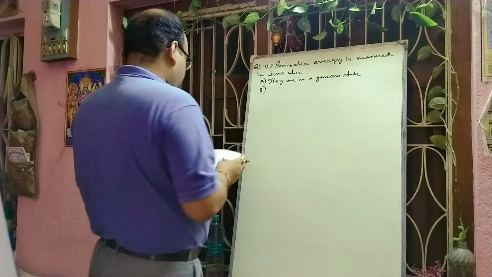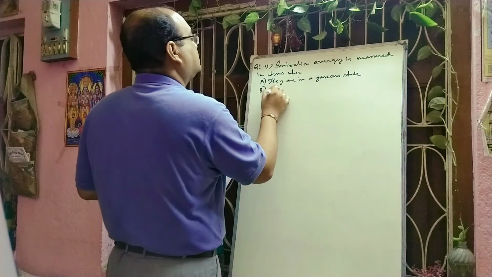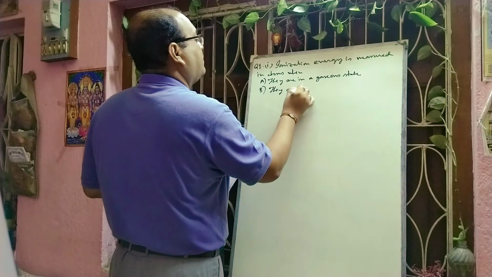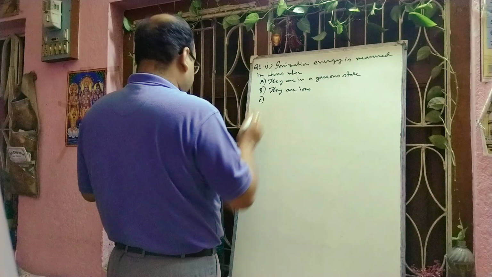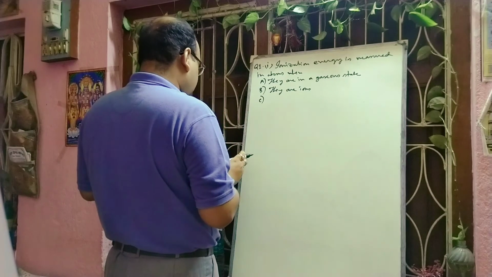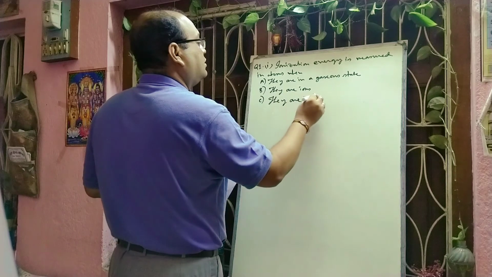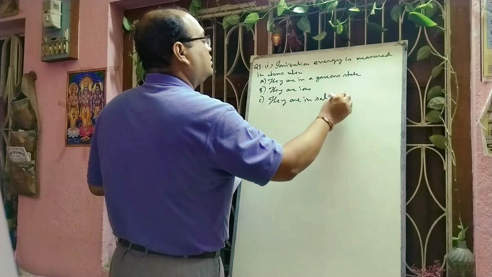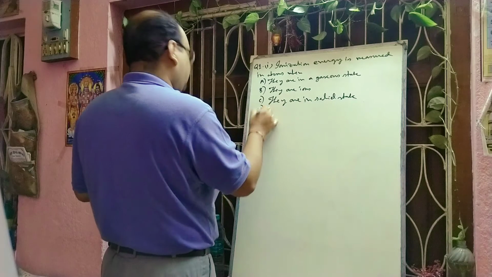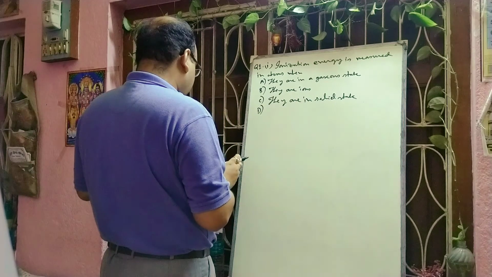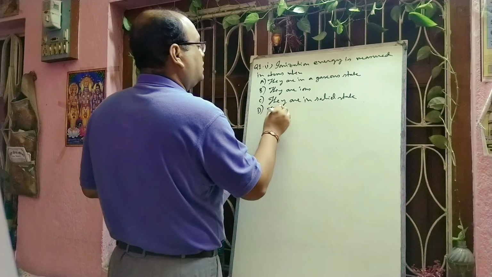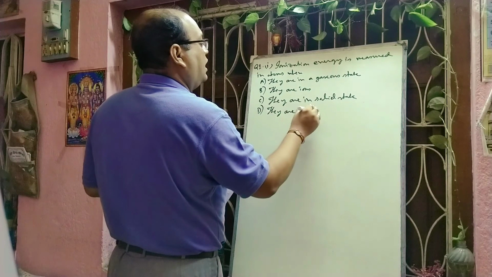Option B is given that they are ions. Option C is given they are in solid state. Option D is given they are at room temperature.